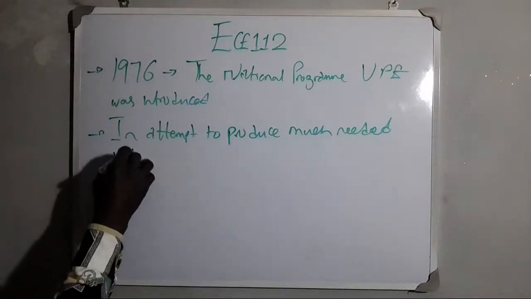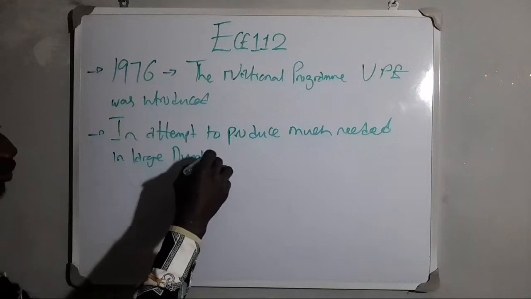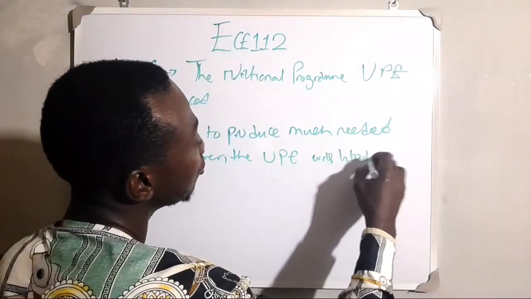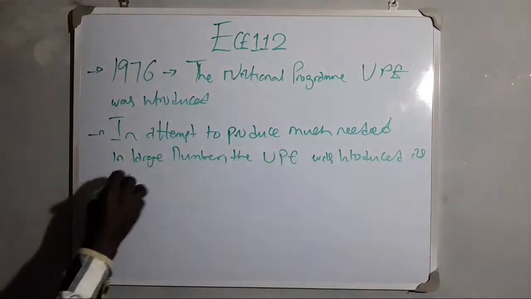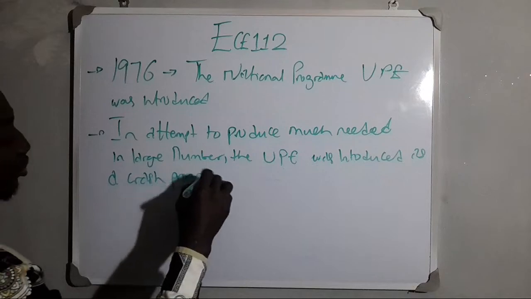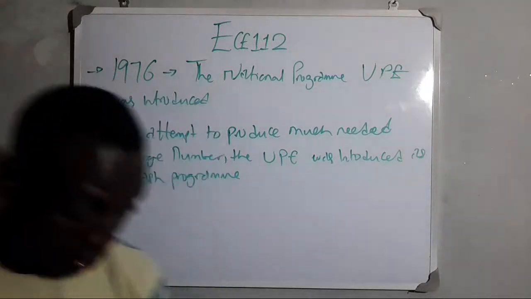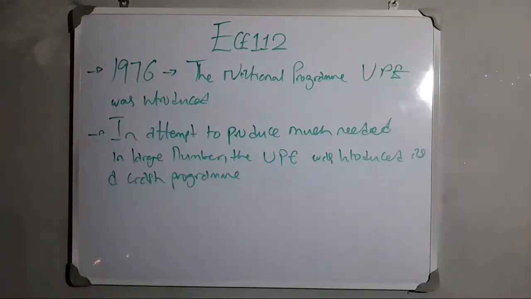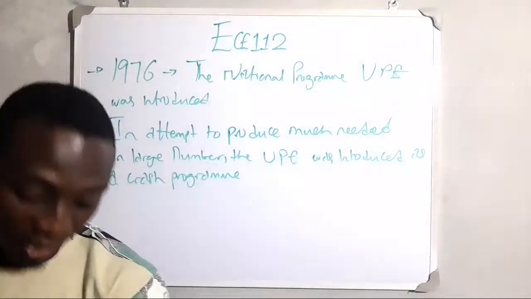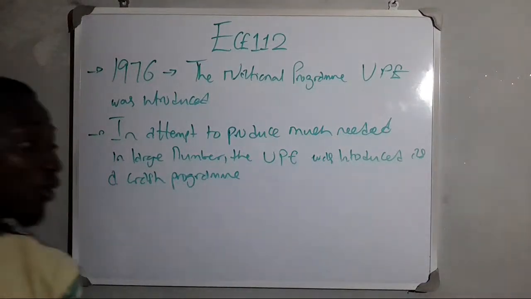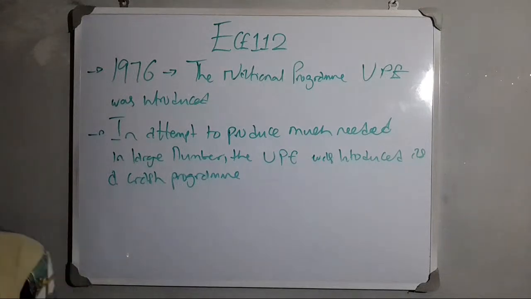The UPE was introduced as a crash program, but unfortunately it battled a lot of obstacles that wouldn't let it achieve its goal, just like what we treated yesterday in mathematics. Maximization is optimization. It couldn't achieve optimal results because of certain things. And all that we're going to be looking at this afternoon: why and how UPE could not achieve optimal results.